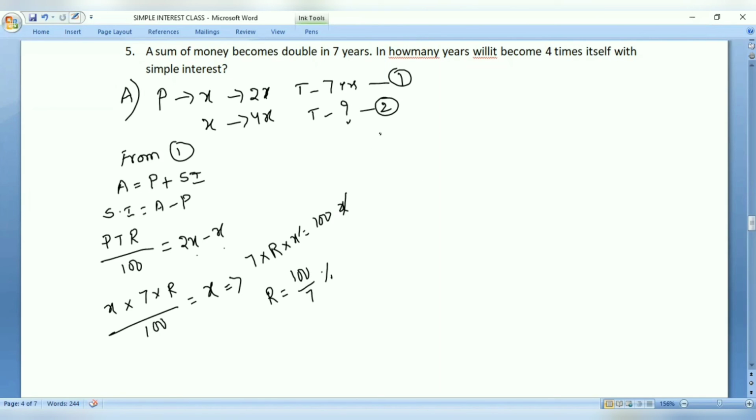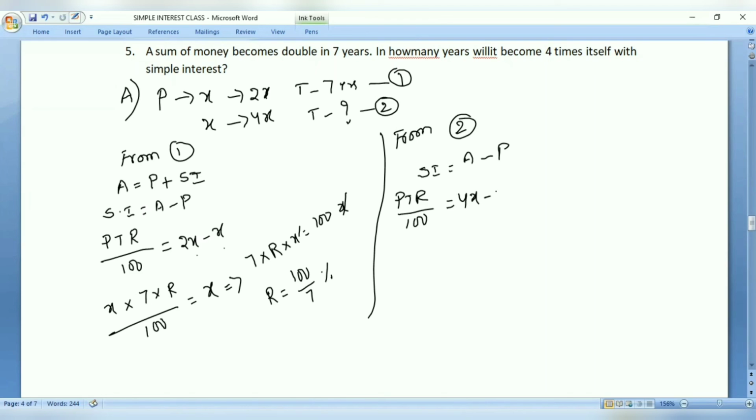Now, from equation number 2, same concept. What is the concept? Simple interest is equal to amount minus principal. So simple interest is PTR by 100. What is the amount? It becomes 4 times.